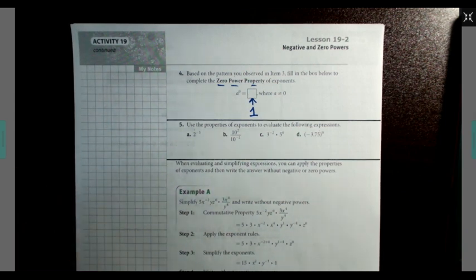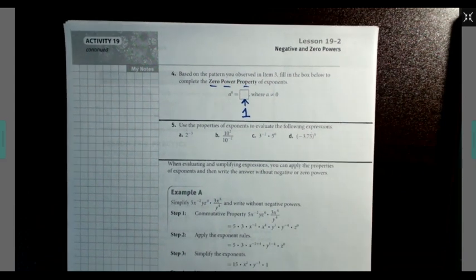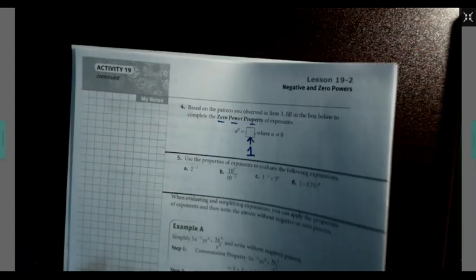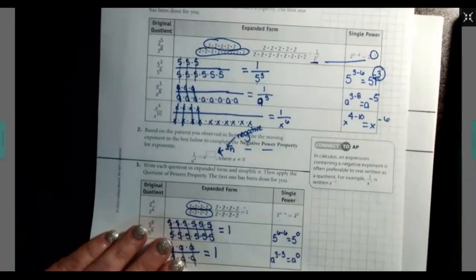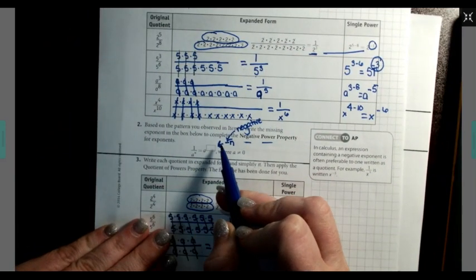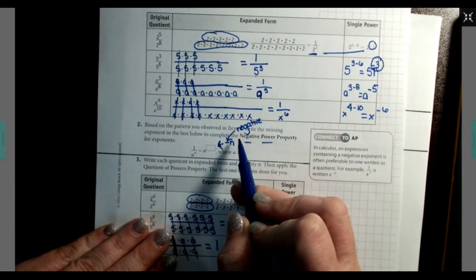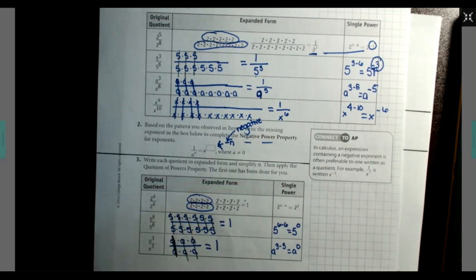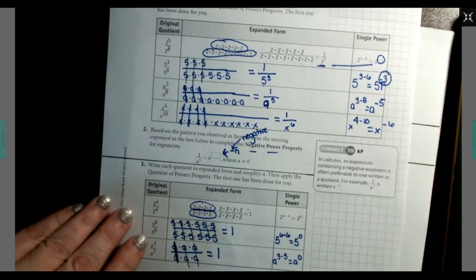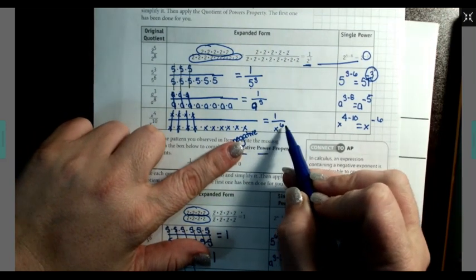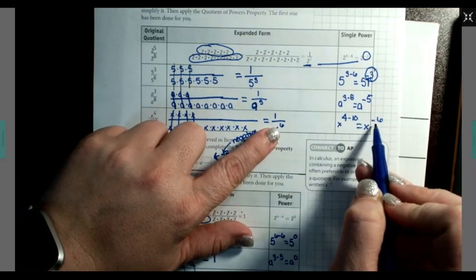Okay? Remember that if it was a negative exponent, go back to earlier in the lesson, a to the negative whatever is 1 over that number, but a positive. Notice whenever it's in that denominator position, it changes sign.